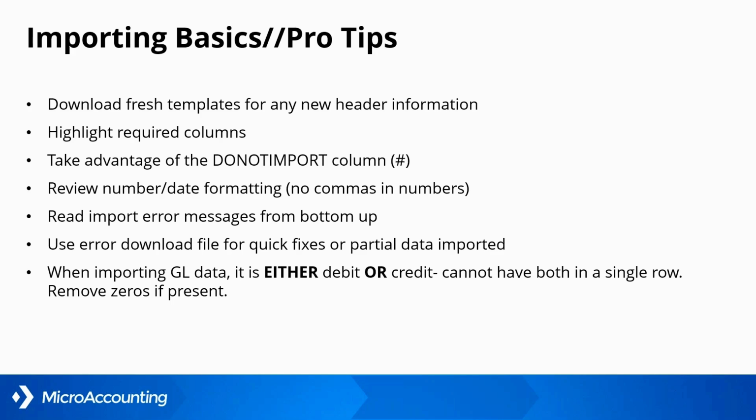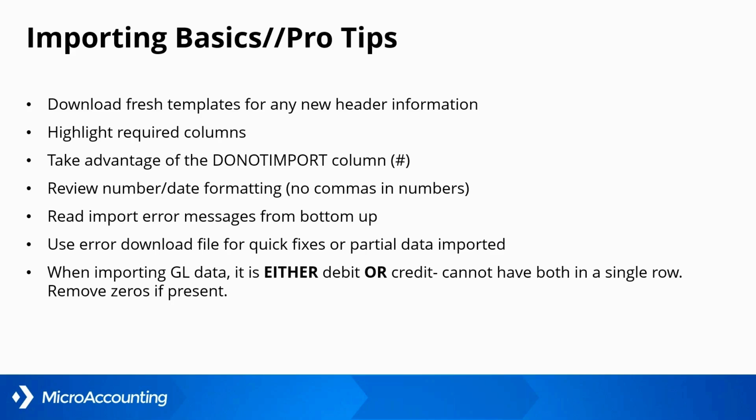Another thing that we want to remind you about is the do not import column. You're going to see examples of this all throughout. I just wanted to give you this list again. But this column is super important because you can add a hashtag into this column for any row, and it will make the system skip that row as it's going through the import.